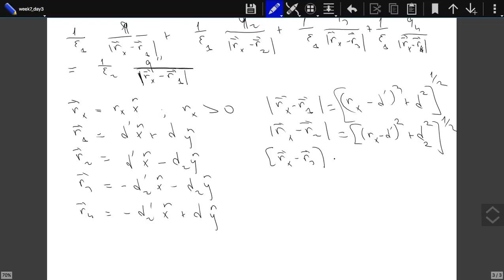Rx minus R3. Rx minus R4: Rx plus d prime squared plus d squared.